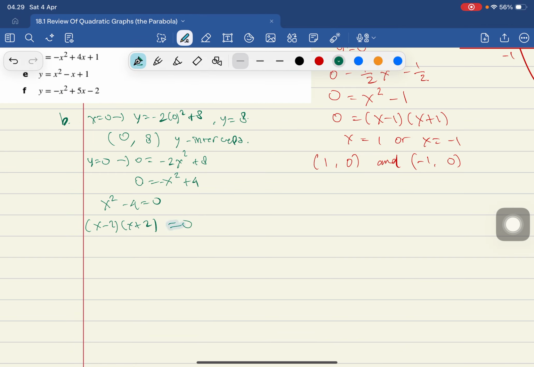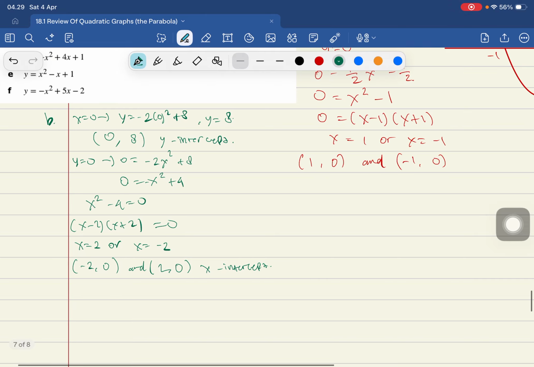We got x equals 2 or x equals negative 2. So the x-intercepts we got here are minus 2, 0 and 2, 0.